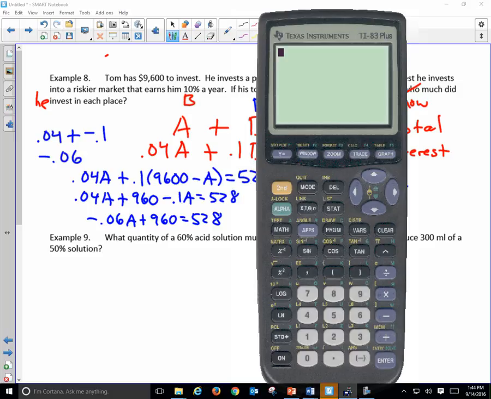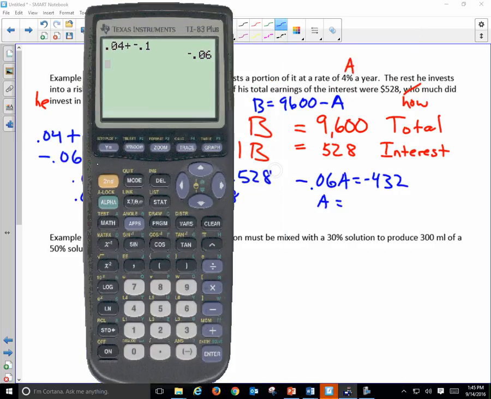So 0.04 and negative 0.1, those are like terms. So 0.04 plus negative 0.1, I get negative 0.06. Right? Okay with that? Yep. So it'll be the same as 0.10 minus 0.06. Okay, we got it?